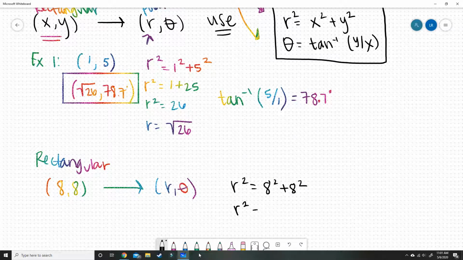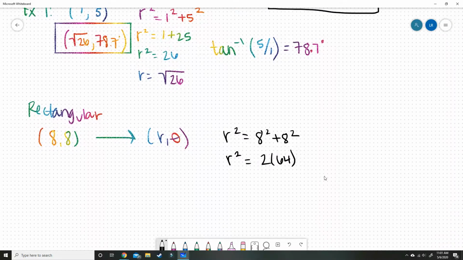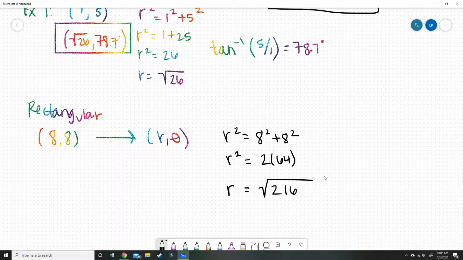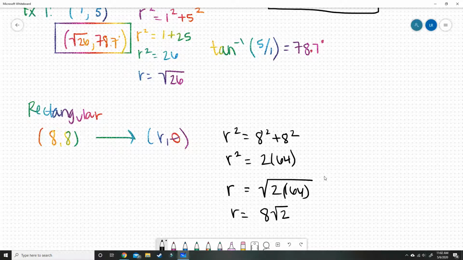R squared is going to be 2 times 64. So if we were to take the square root of that, we're going to get r equals 8 root 2.